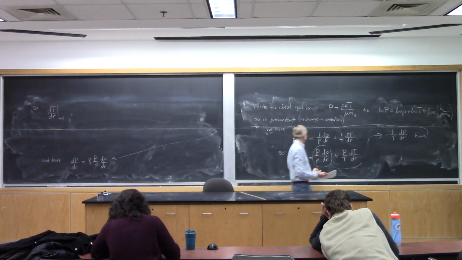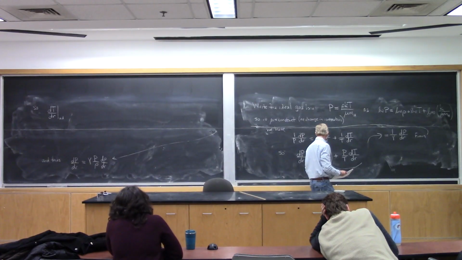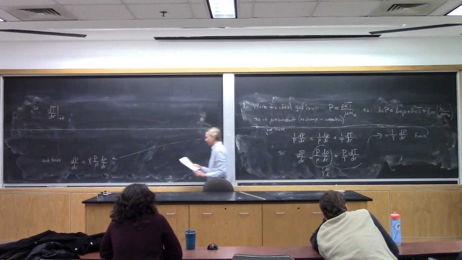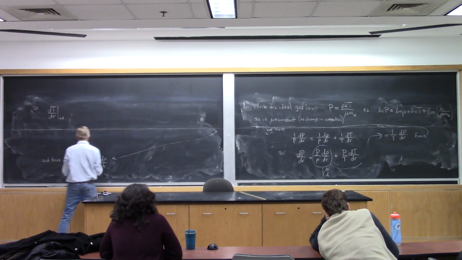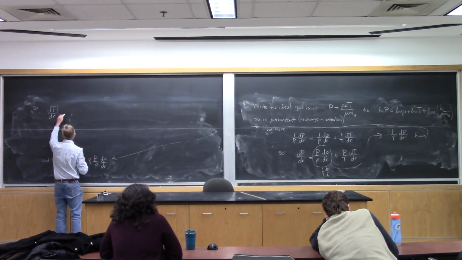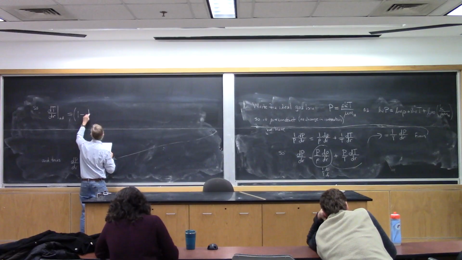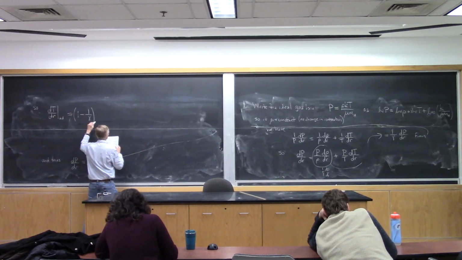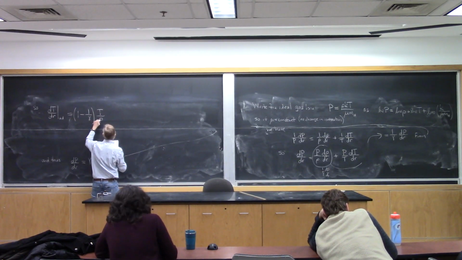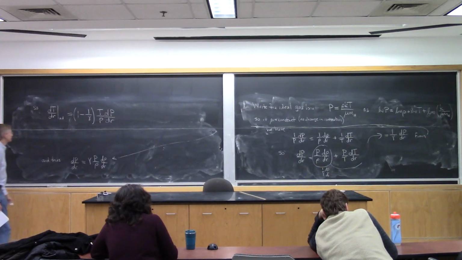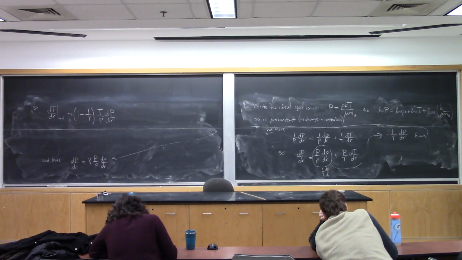Now solve for dT/dr, and we get that it's equal to 1 minus 1 over gamma times T over P dP/dr.